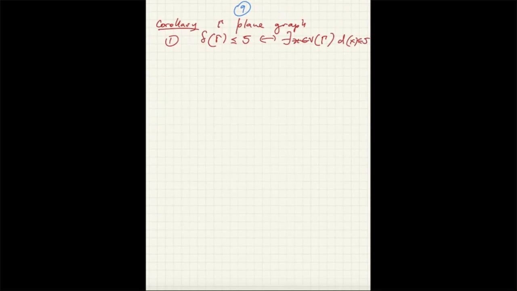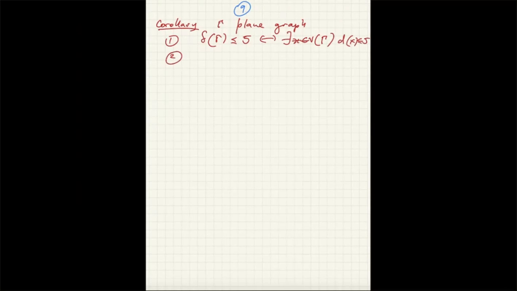Okay. So with this result, you can prove a whole bunch of things. For gamma a plane graph, one very useful corollary is that the minimum degree of gamma is at most 5. That means there exists a vertex x in gamma such that the degree of x is at most 5.